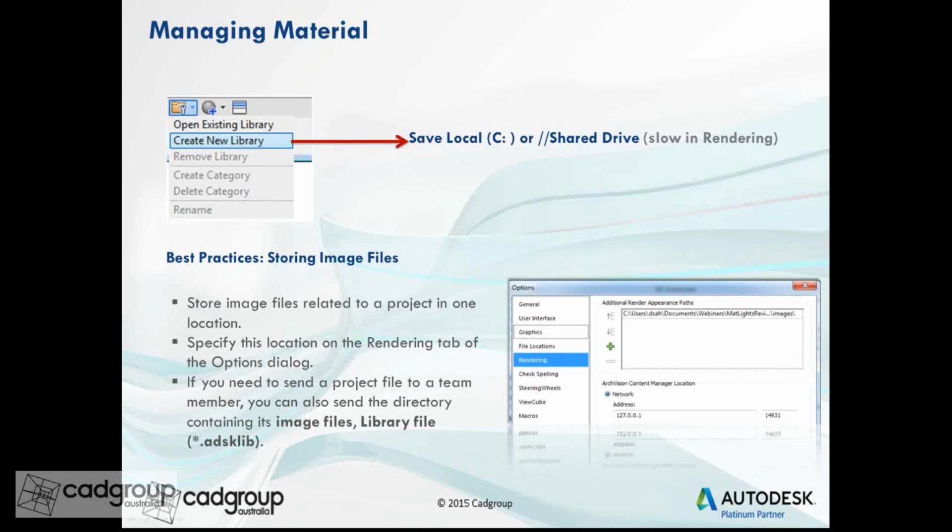Moving to the next slide, which is about how to manage materials. As I'm on support, I get a lot of calls from time to time from customers with very simple questions, like how to transfer the project.